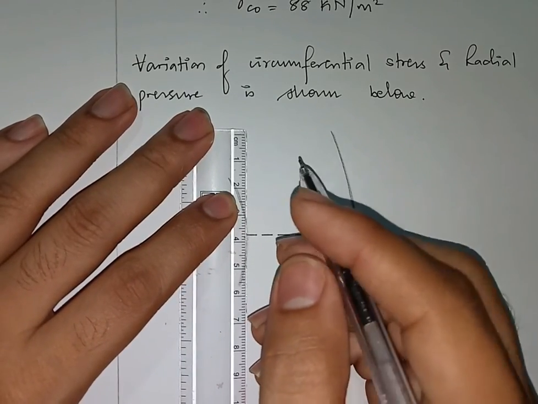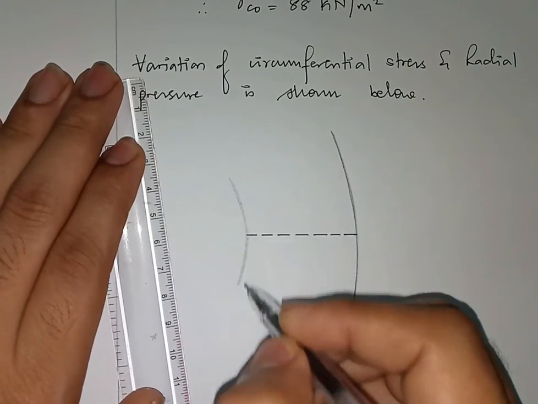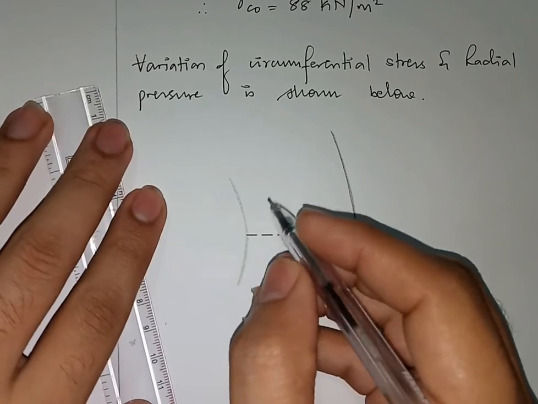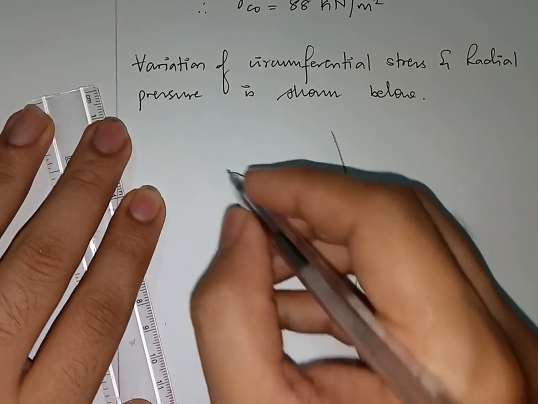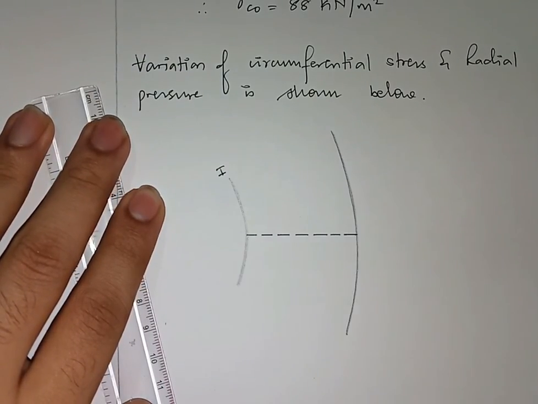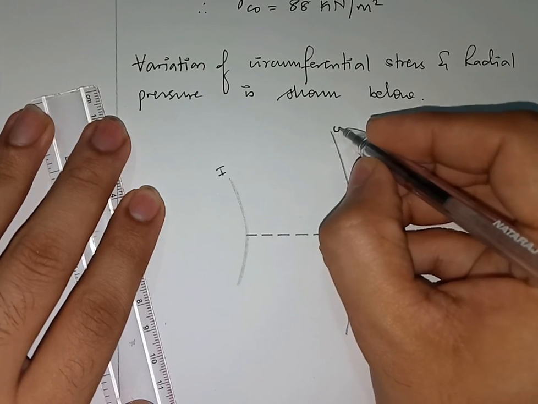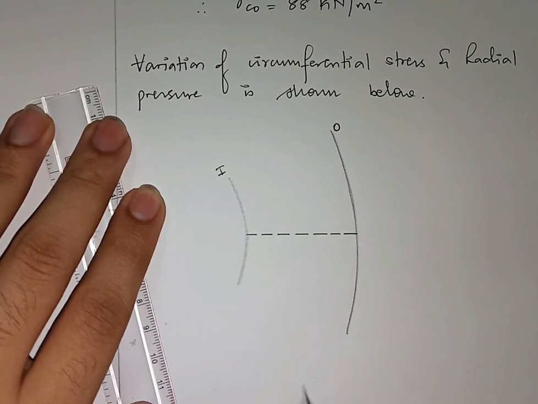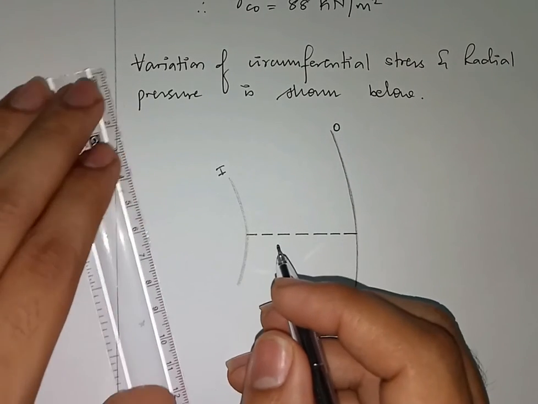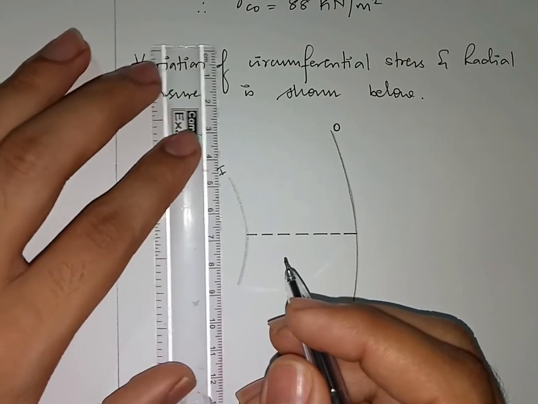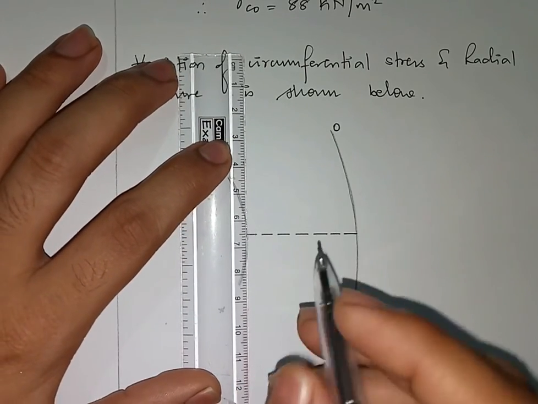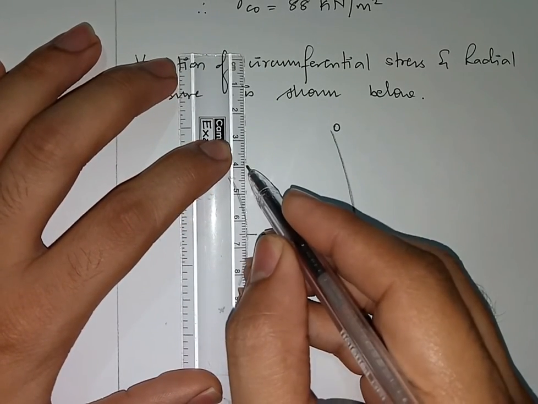On the inner side it is 168. So this is the inner surface. So I'll just write here I. This is the outer surface. So I'll just write here O. On the inner surface, the circumferential stress sigma Ci is 168. So let me write it here and mark it somewhere over here.